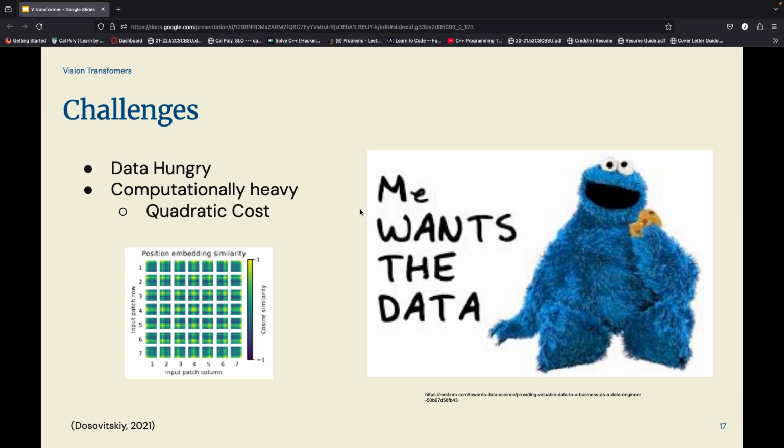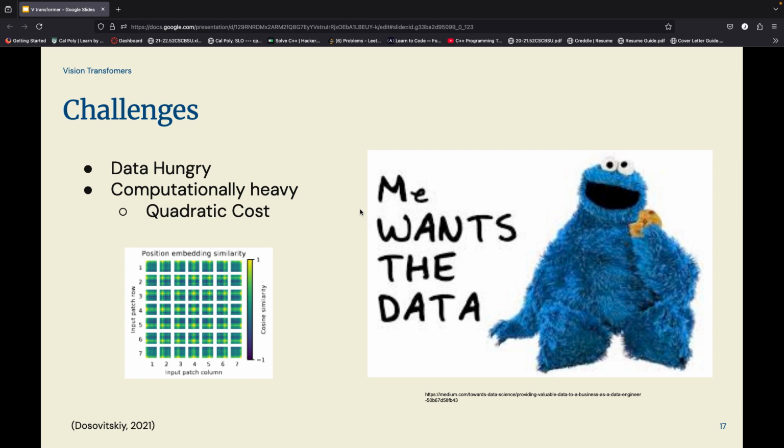You can see how relationships between local things are usually more important than global patches in images.